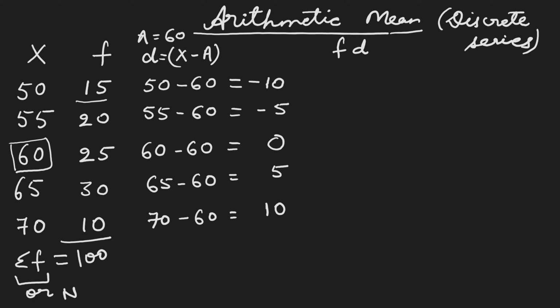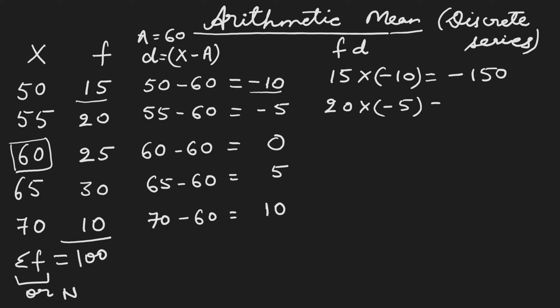Now what we will do next, we will multiply f with d. Value of f is 15 here and value of d is minus 10. So we will multiply these two values, 15 multiplied by minus 10 is equal to minus 150. Similar to that, next value will be 20 multiplied by minus 5, that means minus 100. Next is 25 multiplied by 0 is equal to 0.